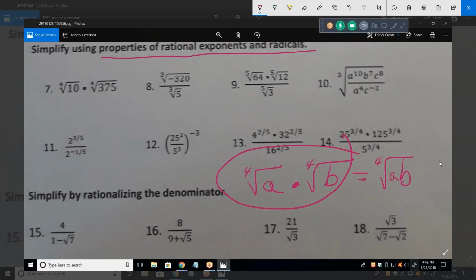In other words, we have different bases, but the same exponent. So whenever you have different bases and the same exponent, you multiply or divide the bases, whatever is called for, and leave the exponent the same. So what are we going to end up wanting to take the fourth root of?